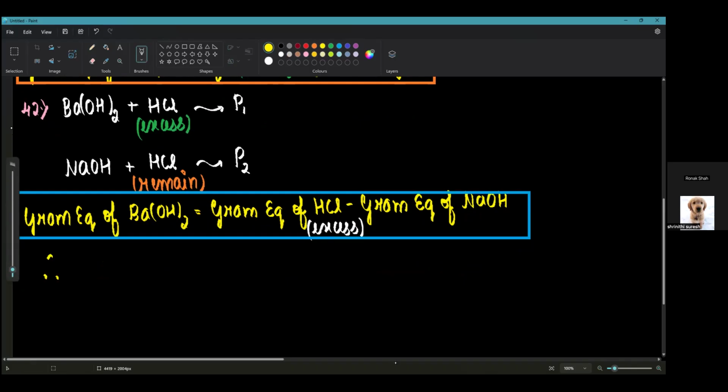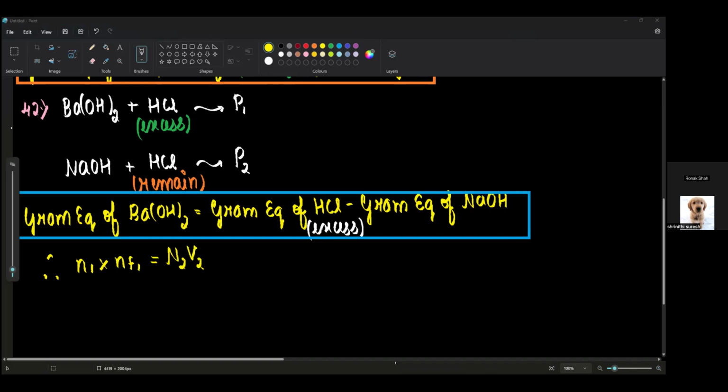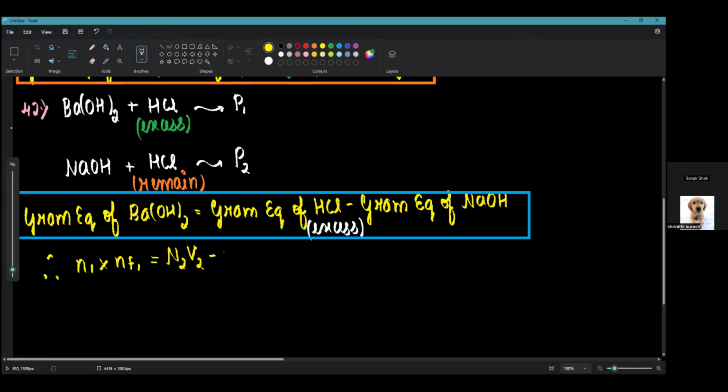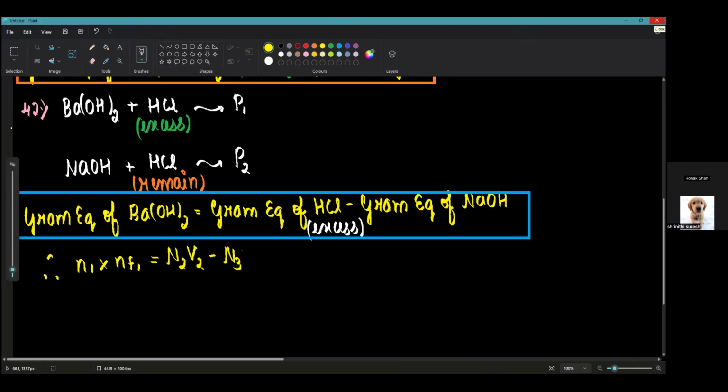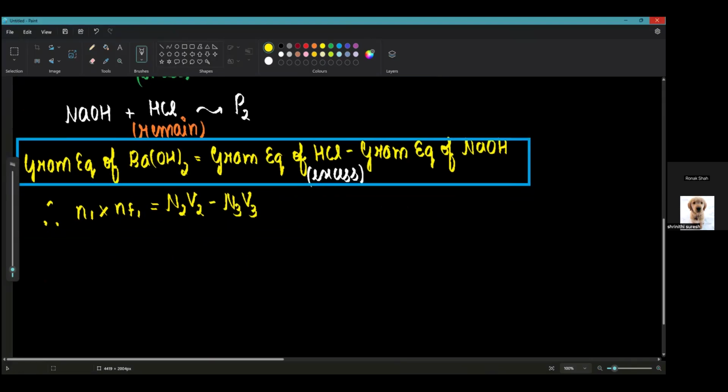For barium hydroxide, the formula will be N1 into NF1. For gram equivalent of HCl, we take normality into volume, because normality and volume are given for HCl and NaOH as well. So here it will be N3 into V3. Volume has to be in liters.